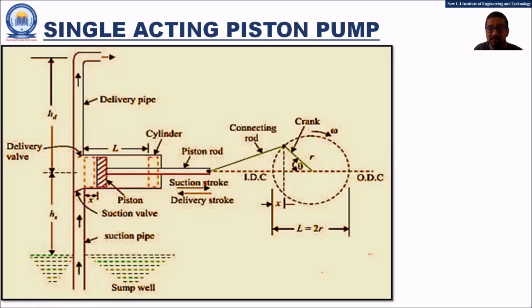And when the piston has reached its maximum outward length, maximum liquid will be filled into the cylinder. So now the pressure in the cylinder will be increased compared to the suction pipe. So at that point of time, the suction valve will be automatically closed. That means the water which is filled into the cylinder cannot backflow into the suction tank.